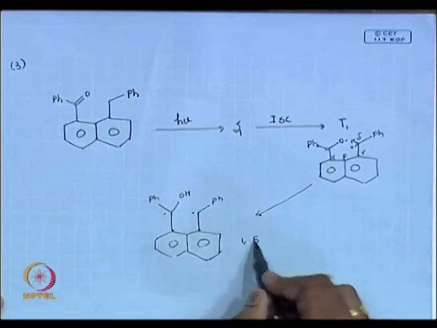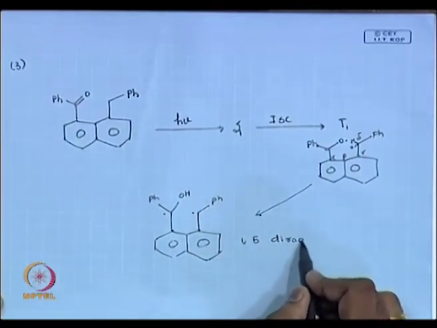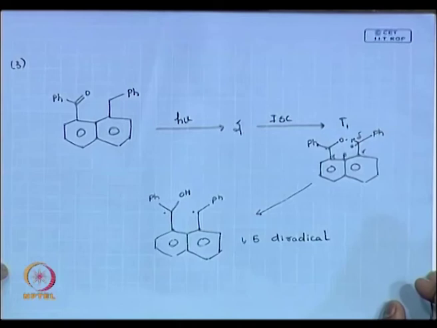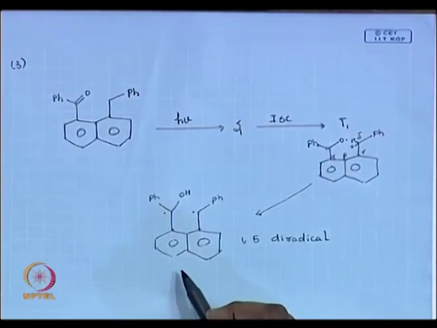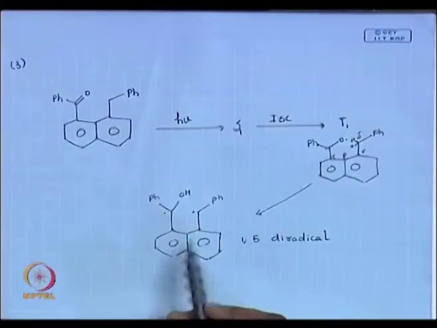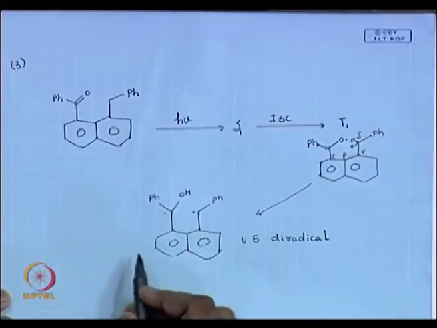So, it is a 1,5 diradical. See, in this case again you can recollect what a 1,5 diradical can do. Cyclization, any other things? In this case, yeah, it does nice cyclization. Any other thing? What can a 1,5 diradical do? It does a very nice hydrogen abstraction, right? So, in this case, there is no chance of doing it. So, it undergoes a cyclization.